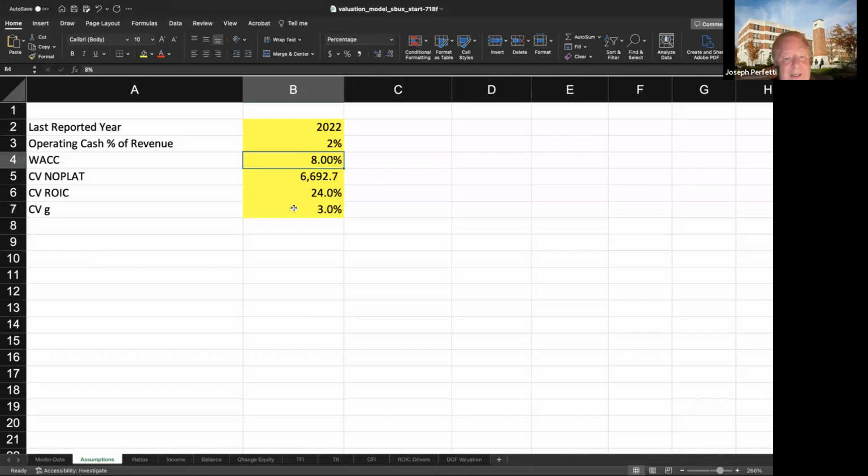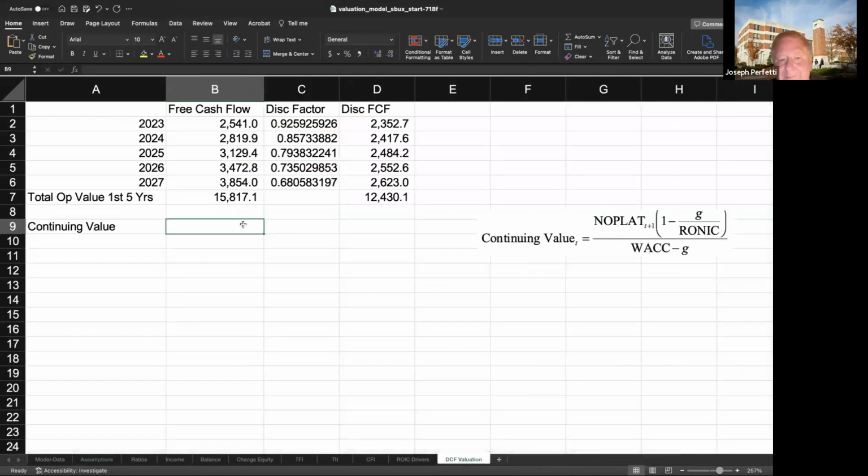So here's the point. Given these 4 values, we're going to build this formula. Equals left paren, that formula right there.